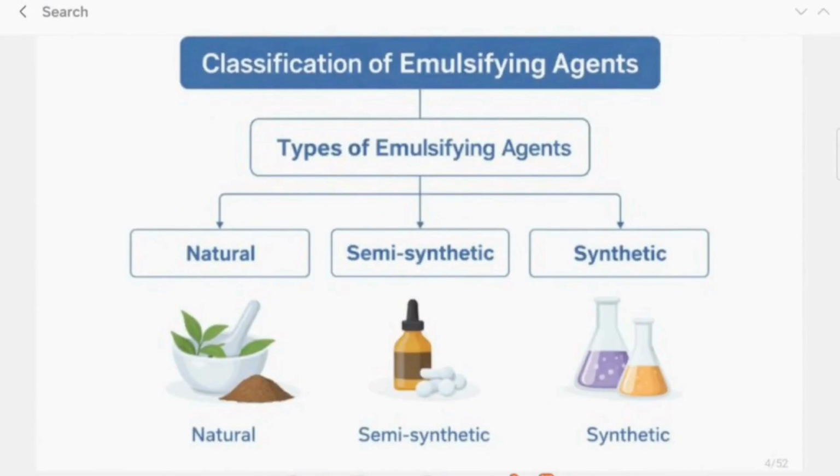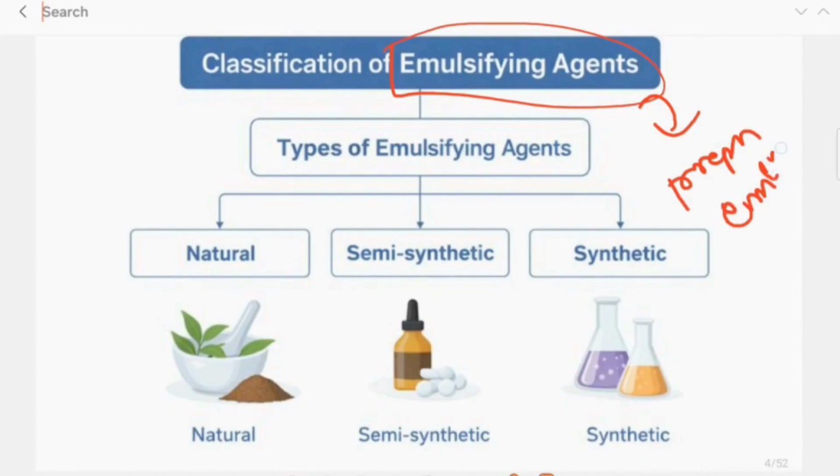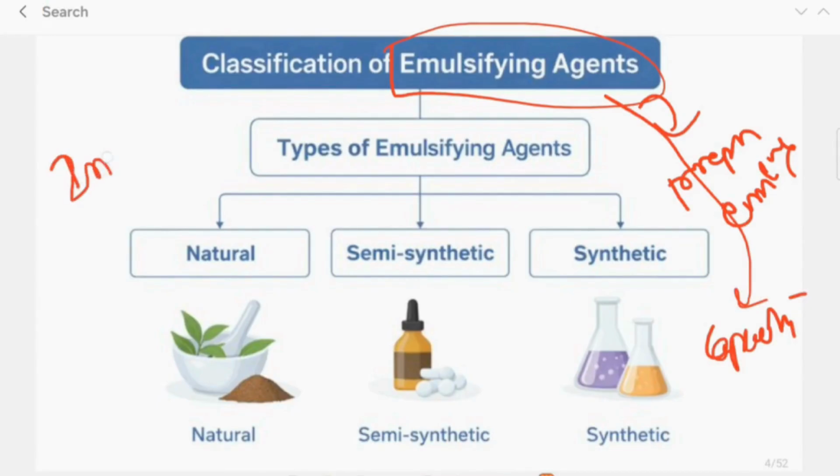What are emulsifying agents? So emulsifying agents are the agents which are used in the preparation of emulsions, and these emulsifying agents have a capacity to make immiscible liquids into miscible liquids.